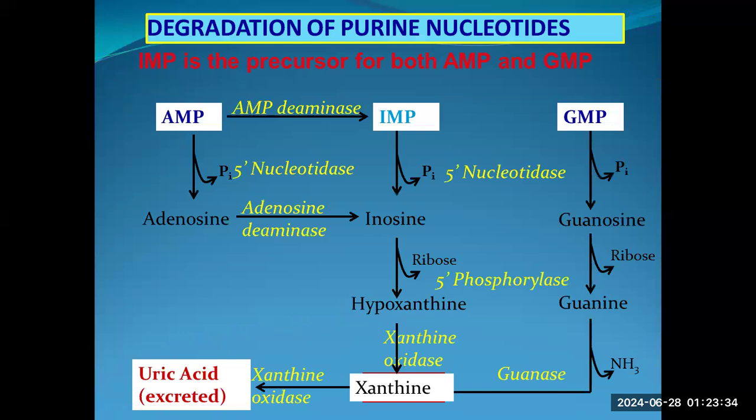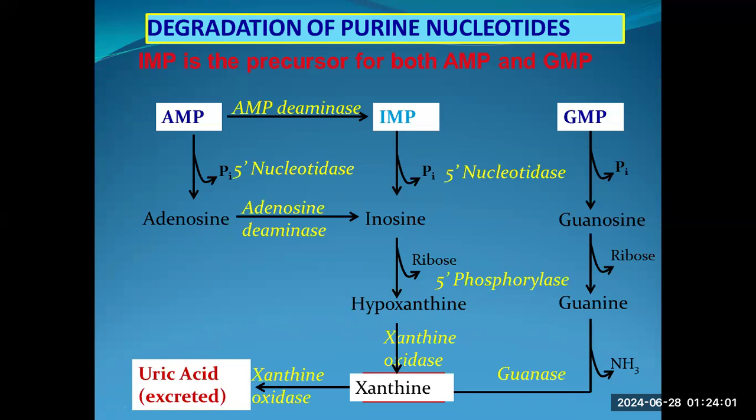Guanine, by the reaction of the enzyme guanase, is converted into xanthine by the removal of nitrogen, ammonia, and we get the formation of xanthine. Hypoxanthine, again by the action of xanthine oxidase, which is shown right here, is also converted into xanthine.